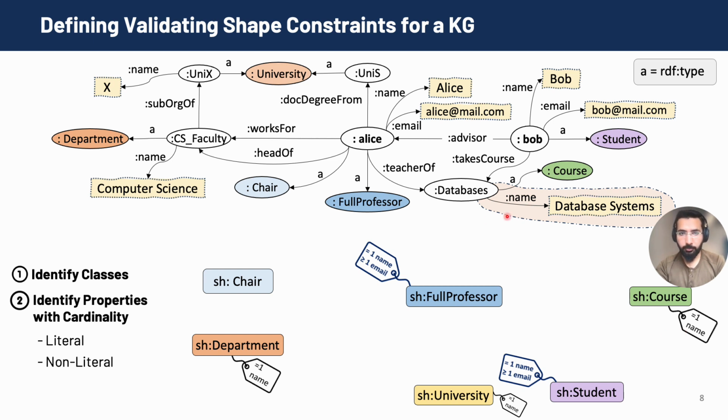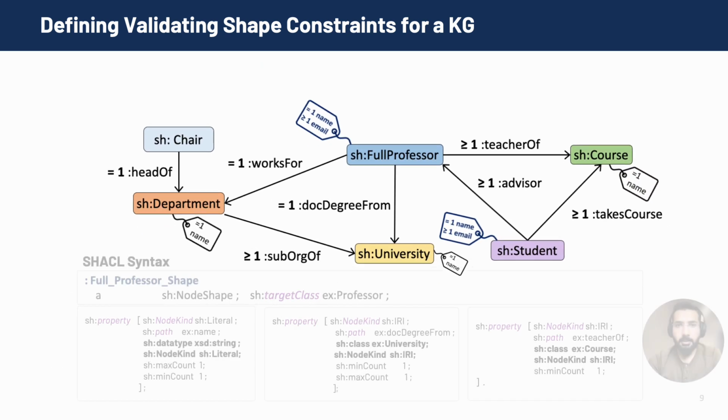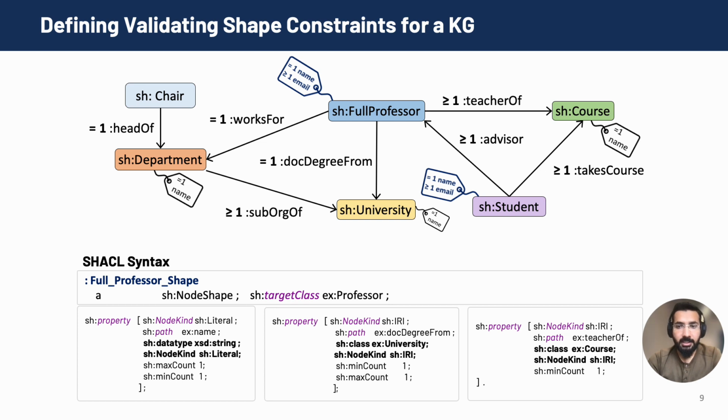For non-literal object type properties, such as Alice, who is a full professor, having a property teacherOf with object value of type node, which is non-literal, it is an IRI, we will connect node shapes with their respective association and cardinalities, such as shown in this figure. Altogether, this network of constraints represents validating shapes. And this is the SHACL syntax for full professor node shape, having 3 property shapes of type literal, IRI, and another IRI.